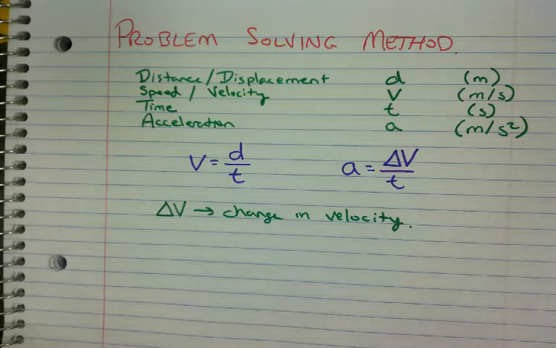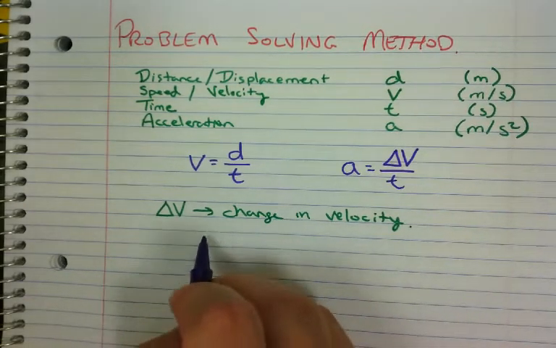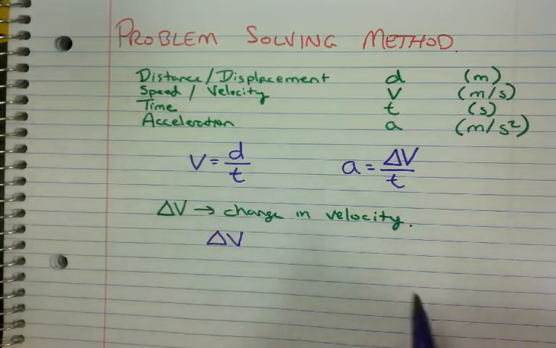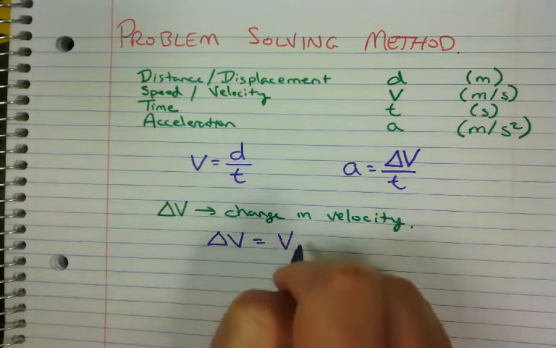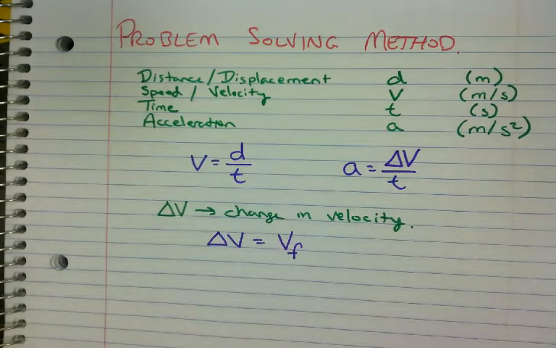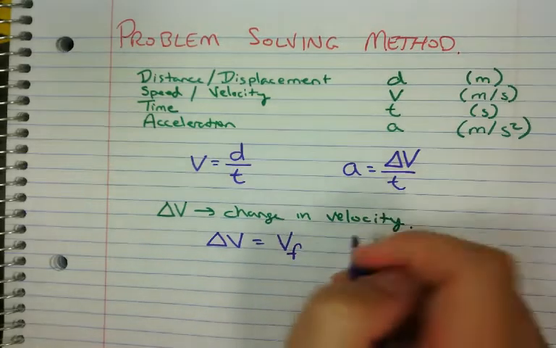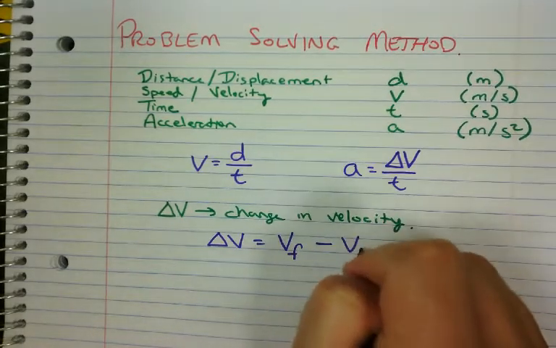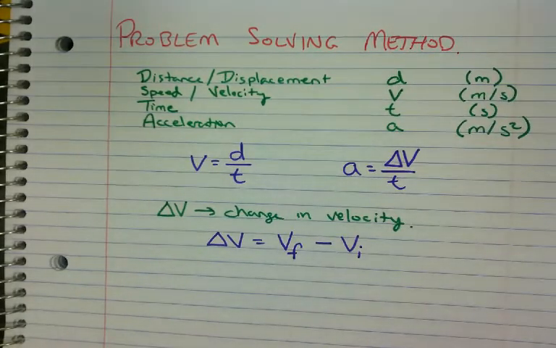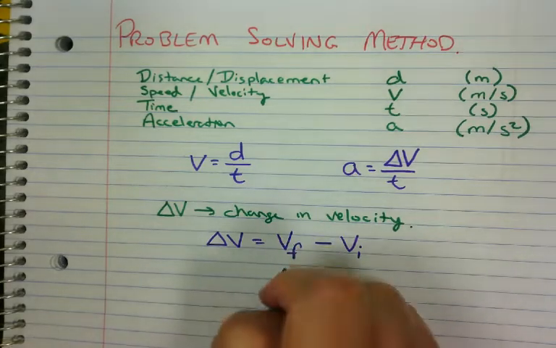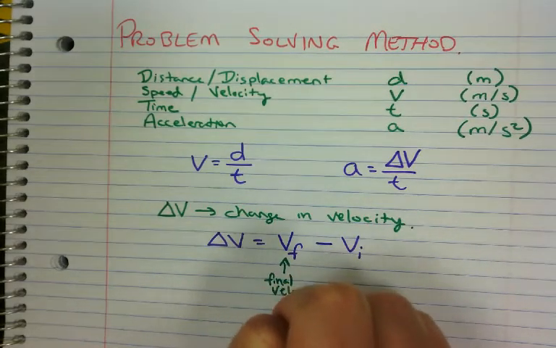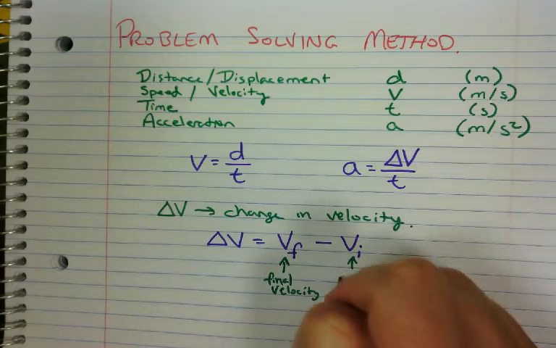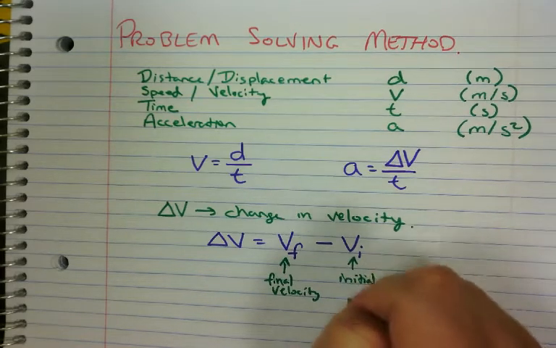Now I'm going to give you one other equation, and that's the equation for delta v. Whenever we find delta v, delta v is equal to the final velocity, which I'm going to abbreviate as v subscript f, minus the initial velocity, which is v subscript i. If you need to remind yourself, vf means final velocity, vi means initial velocity.